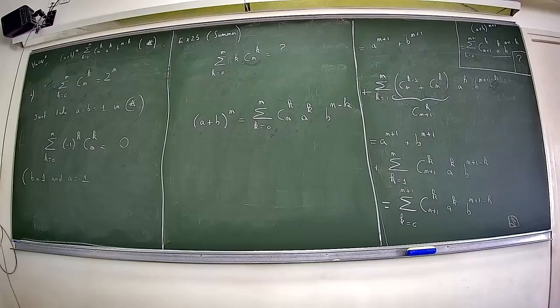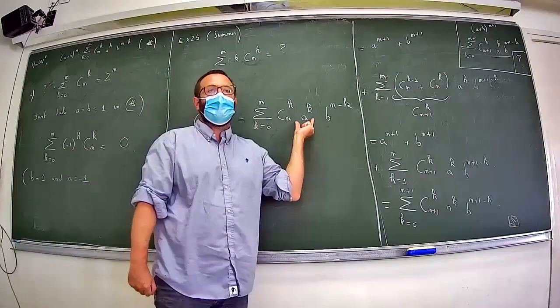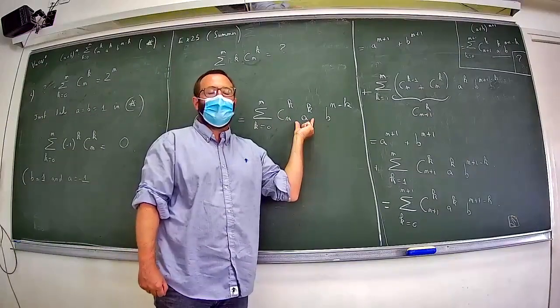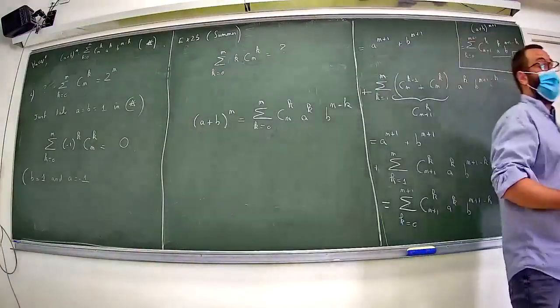Another idea? We can differentiate with respect to a. If you compute the derivative of a to the power k, you obtain k times a to the power k minus 1. So it's one way to do it.